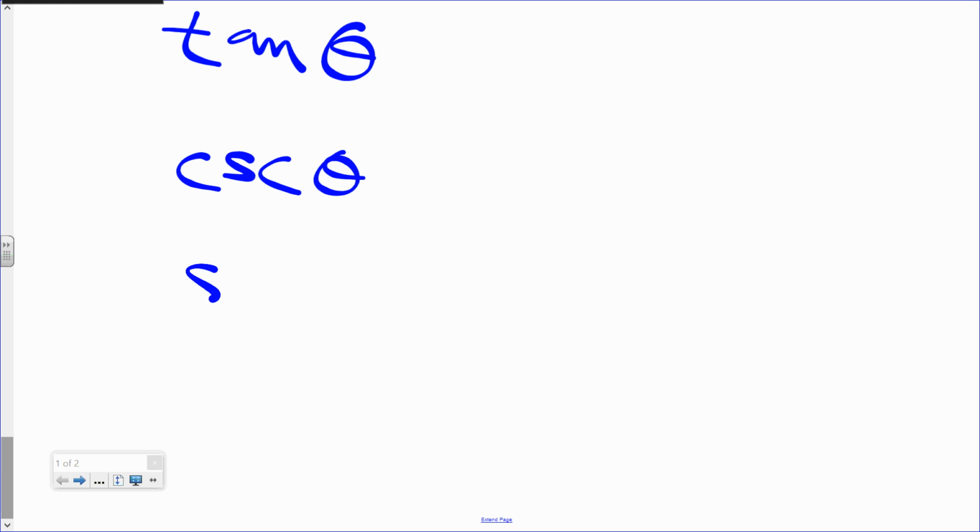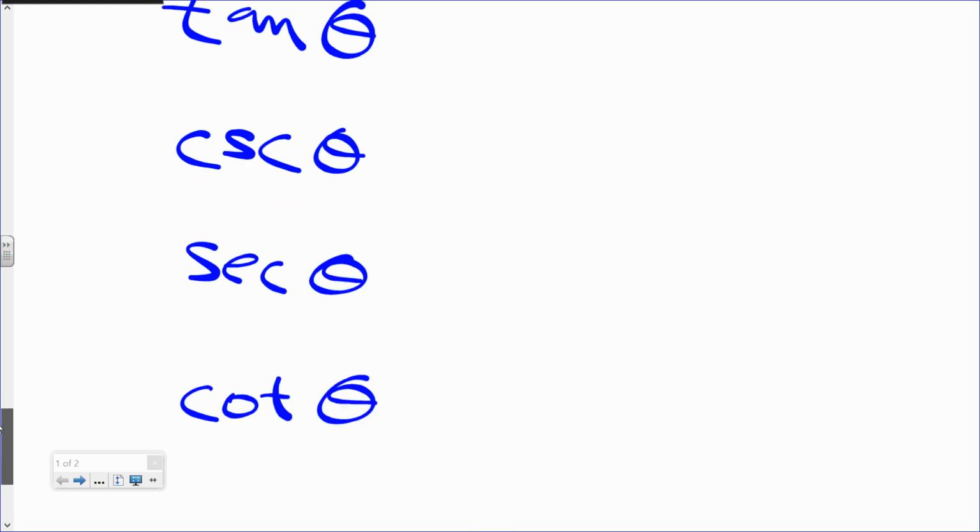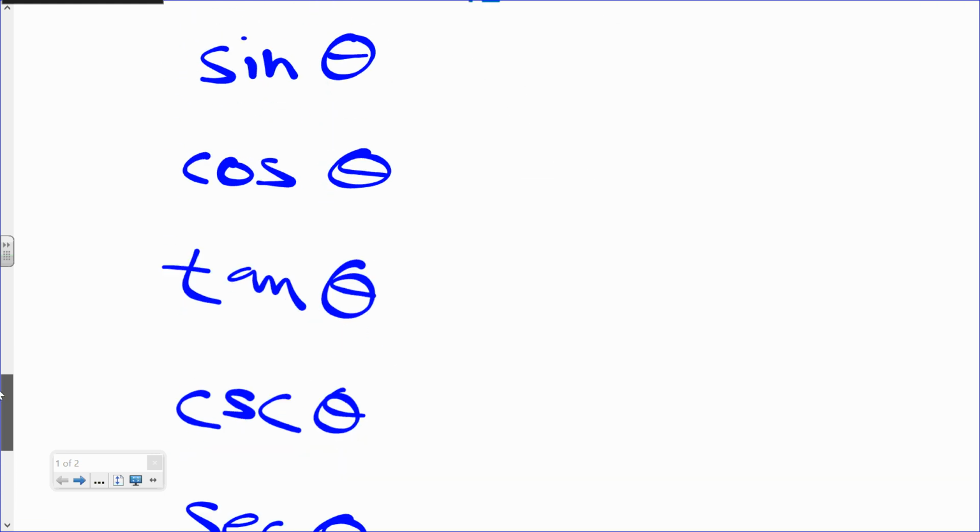Again, this letter comes from the Greek alphabet. We have, watch this now, the cosecant of theta. The way I abbreviate cosecant is CSC.